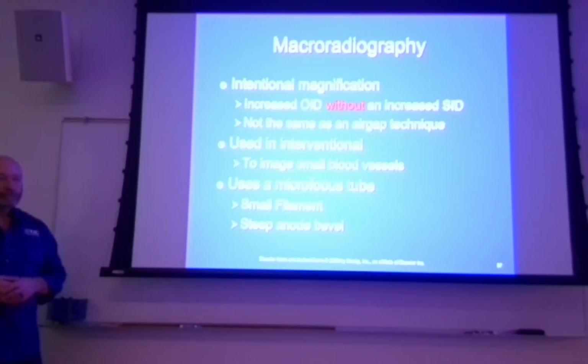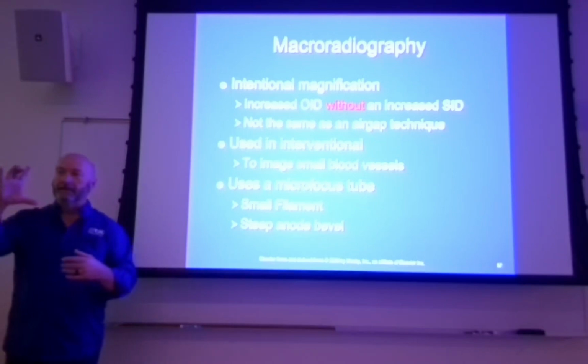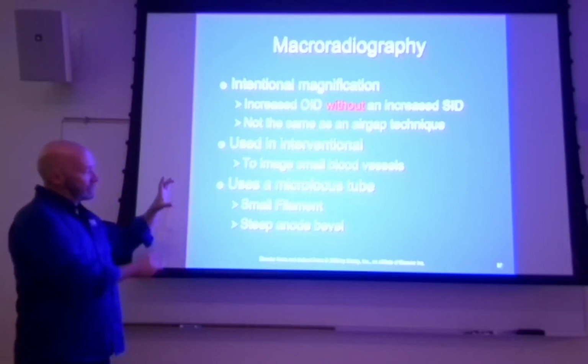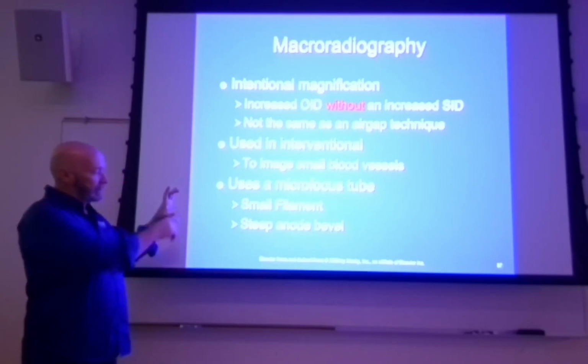Traditionally, where you see this is in special procedures and cardiac catheterization. They use a C-arm, right? With the C-arm, you've got the image intensifier on one end and the X-ray tube on the opposite end.